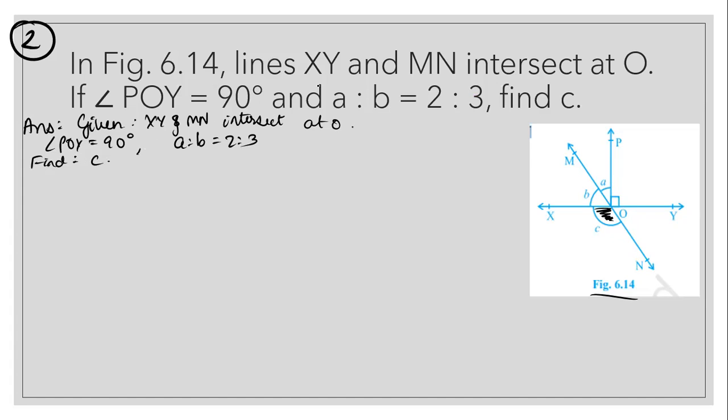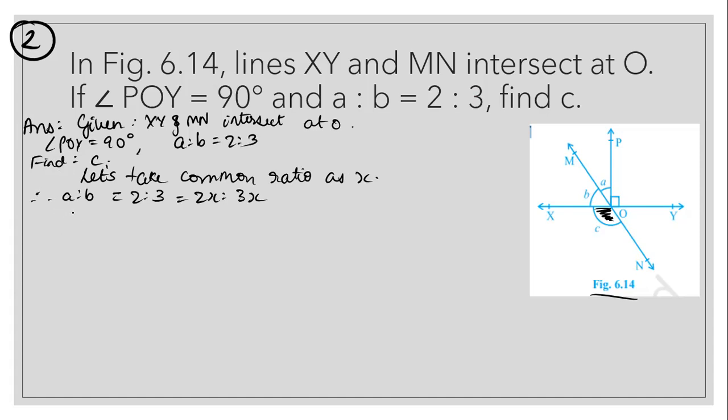Now firstly, we have A is to B is equal to 2:3. Okay, so let's take the common ratio as x. So therefore, A is to B is equal to 2:3, which will finally be 2x is to 3x, right?